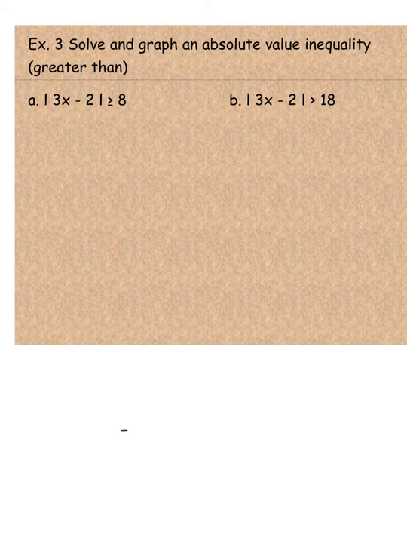In order to solve an or inequality, again, we're going to copy this the way it's seen here. Don't change any of the signs that are inside the absolute value symbol. So we'll just keep this as 3x minus 2 is greater than or equal to 8.